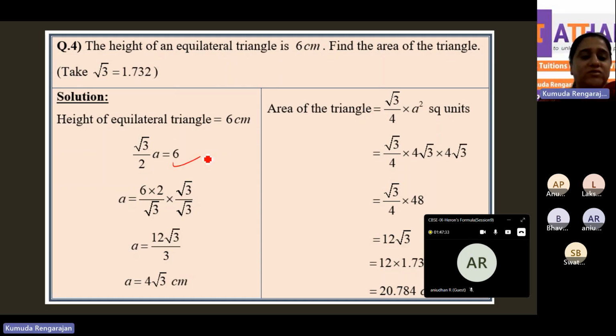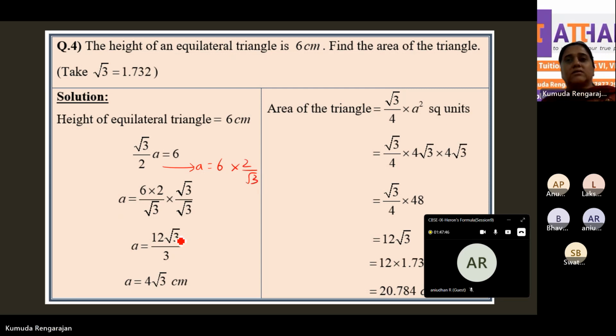Root 3 by 2 a is equal to 6. So a will be equal to, a is equal to what? 6 into 2 by root 3, correct? Reciprocal. A is equal to 6 into root 3 by 2 will become 2 by root 3 on the other side. So then rationalize the denominator. Maybe I'll just work the first step.